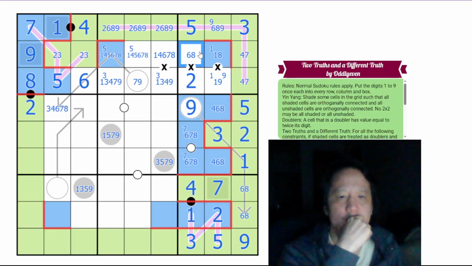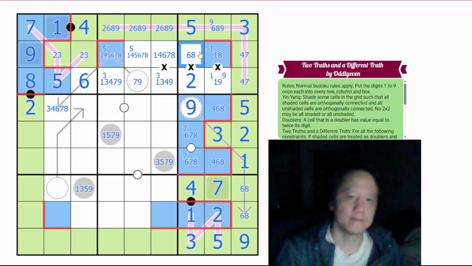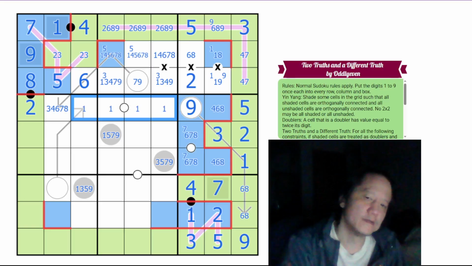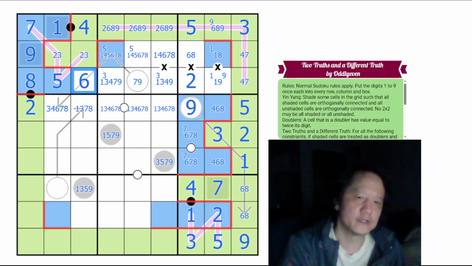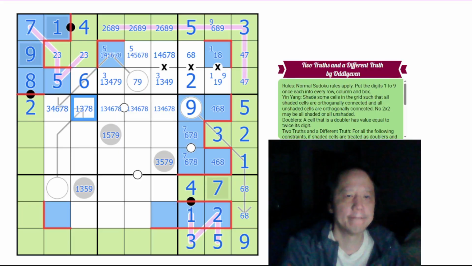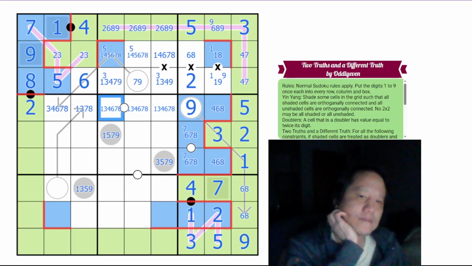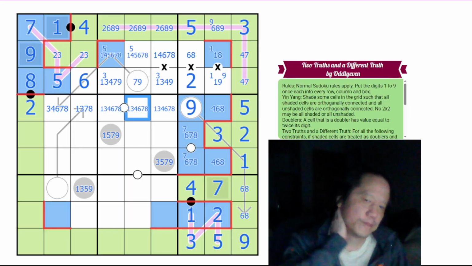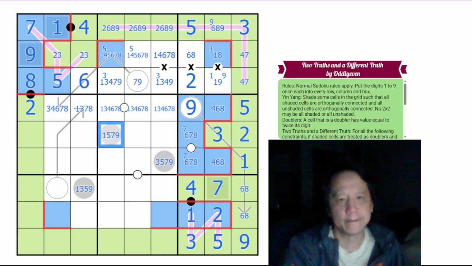What else do we have? Remaining digits in row 4. We have 1, 3, 4, 6, 7, 8. This can't be 4, 6 because of the 4, 6 in the column. I think that's it, right? 1 doubled could be here with 3. There's a lot of possibilities there. Anyways.